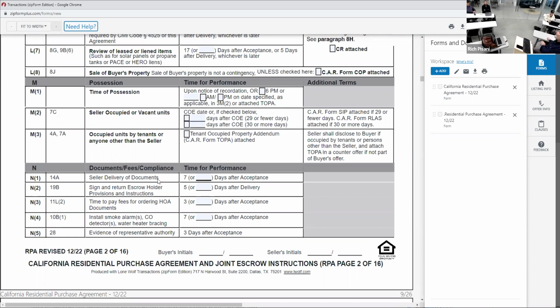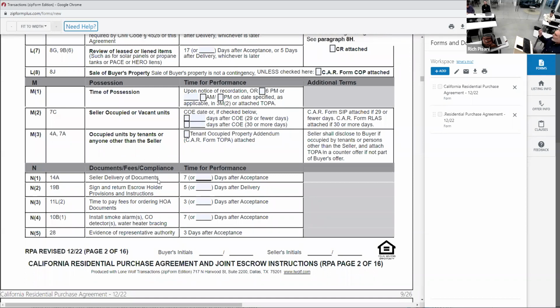If you're representing the buyer, you need to know the timeline of the seller, and you need to hold their feet to the fire, saying, I need these documents, because my buyer can't remove contingencies until he has all this stuff. So know the timelines.